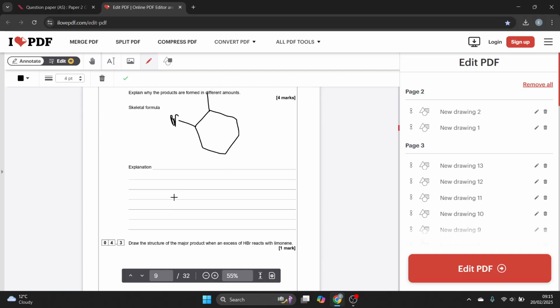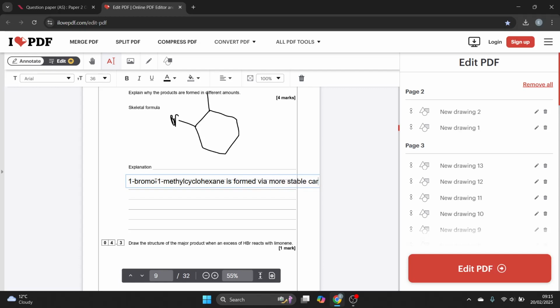And they always like to ask these questions. Then the next part of the question: explain why the products are formed in different amounts. And it's always the same key points. 1-bromo-1-methylcyclohexane is formed via the more stable carbocation.